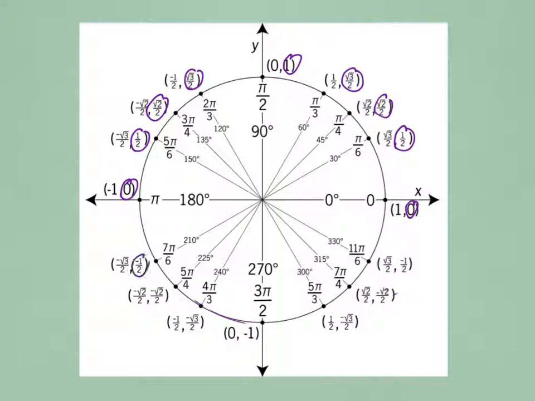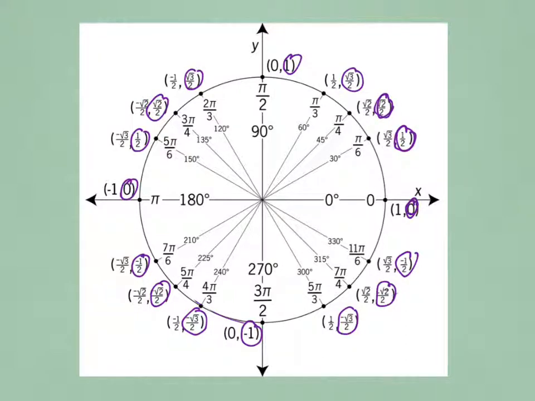Then it goes to -1/2, negative root 2 over 2, negative root 3 over 2, then -1. Then negative root 3 over 2, negative root 2 over 2, positive 1/2, and back to 0. And then it repeats itself.